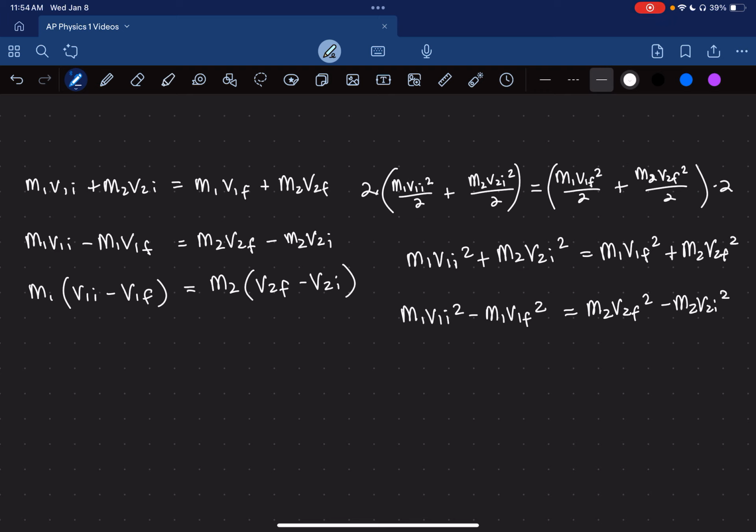We'll do the same thing. Factor out m1. This is v1i squared minus v1f squared. We're going to do the same thing here. Factor out an m2. This is v2f squared minus v2i squared.